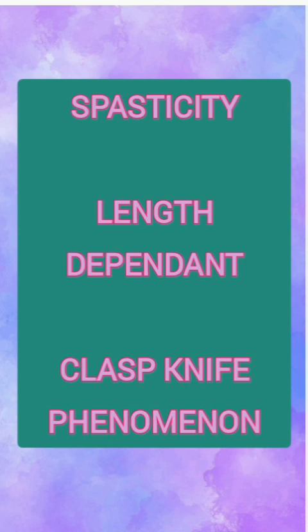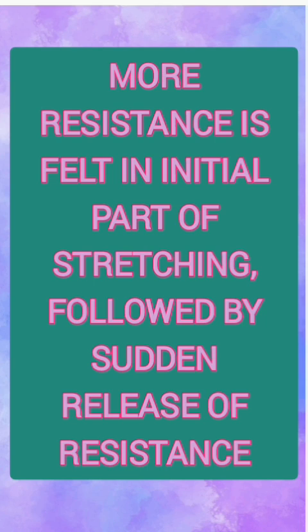While passively stretching a muscle, more resistance is felt in the initial part of stretching, but with continued stretching, a sudden release of resistance occurs, which is described as clasp knife phenomenon. The excitation of slowly conducting higher threshold inhibitory group 3 and 4 muscle afferents may also be responsible for this phenomenon, and this is called clasp knife phenomenon.